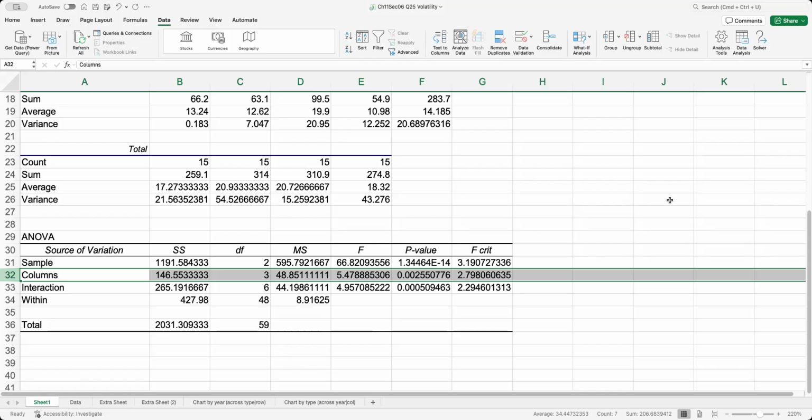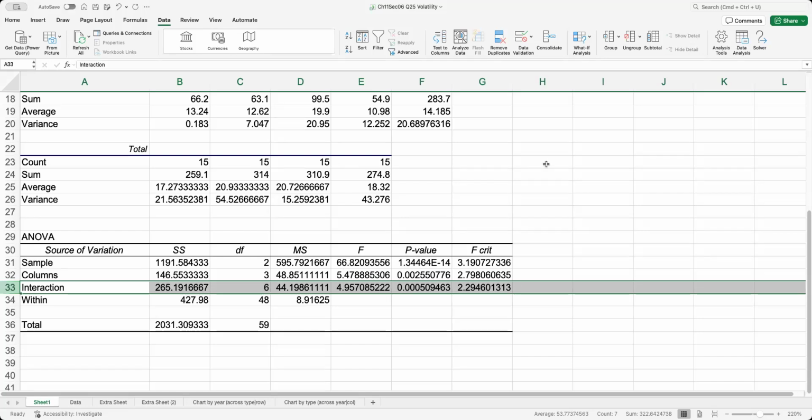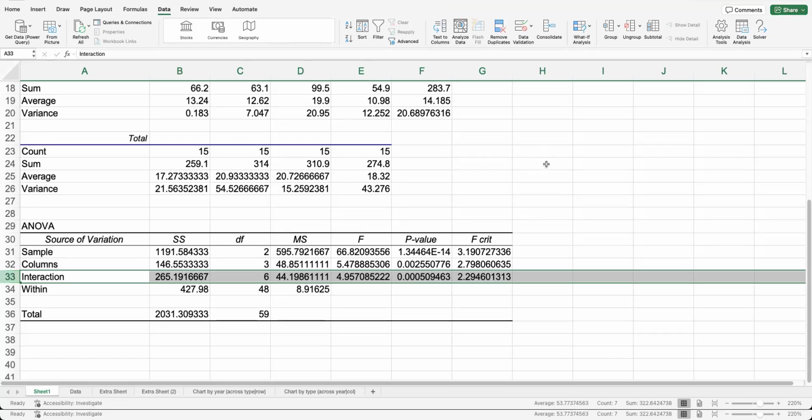Is there some interaction between these two that says one of these is particularly egregious? Yes. Our interaction effect here also says the same thing. An F value of 4.96 against an F critical of 2.3, a p-value of 0.0005.